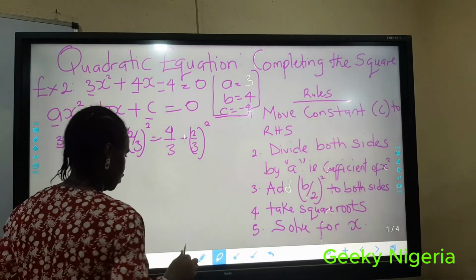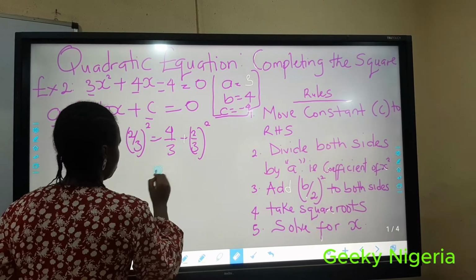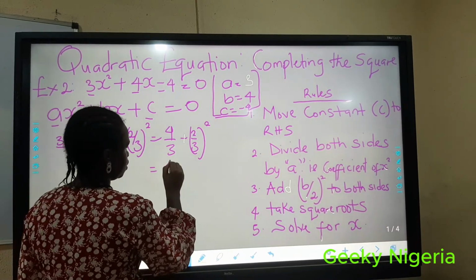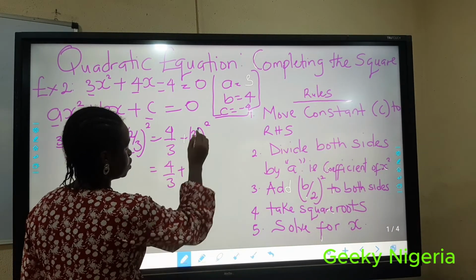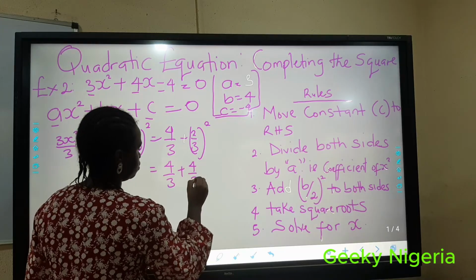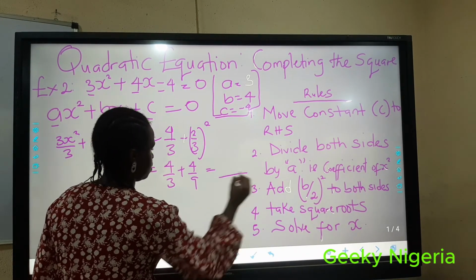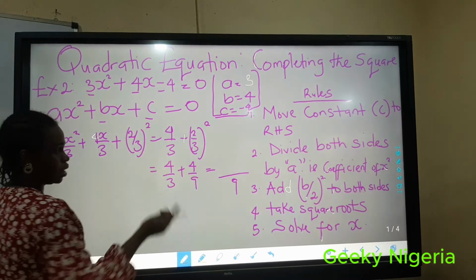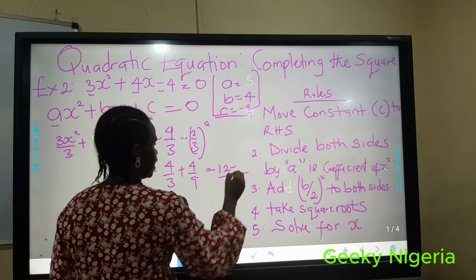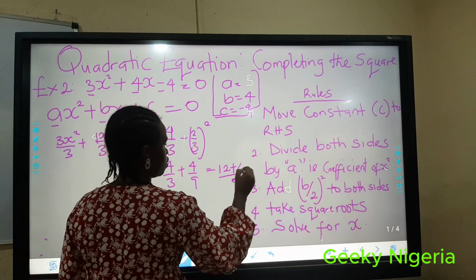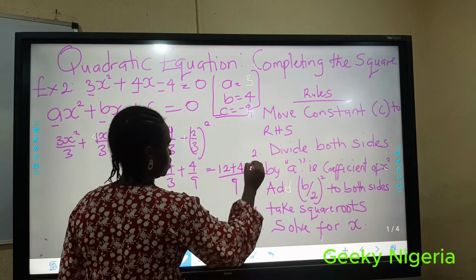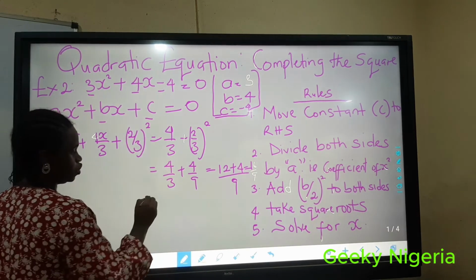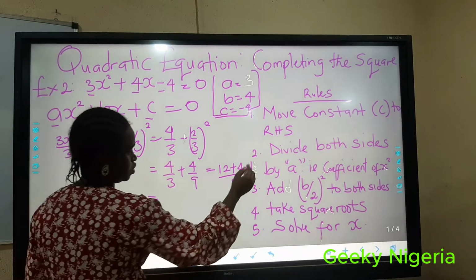So we continue solving. We can expand it to be having 4 over 3 plus 4 over 9. Find the LCM here, which is 9. 3 into 9, 3. 3 times 4, 12. Plus 9 into 9, 1. 1 times 4, 4. And we're having here 16 all over 9.